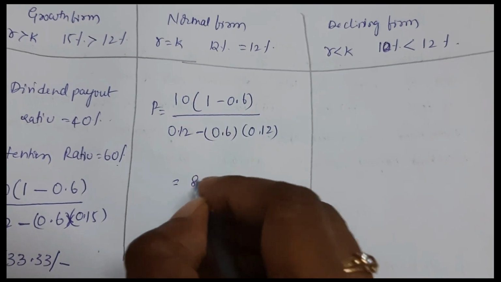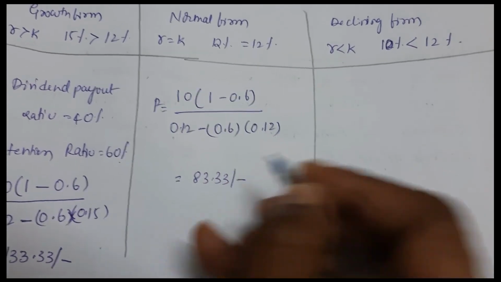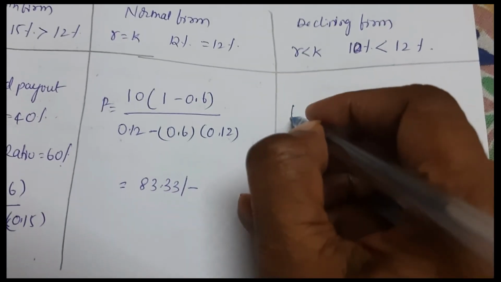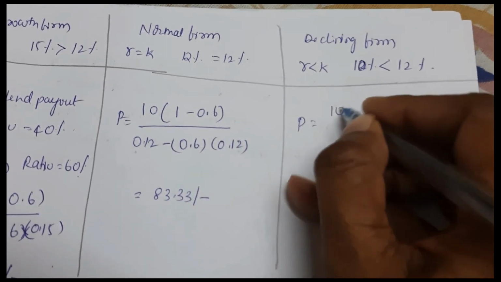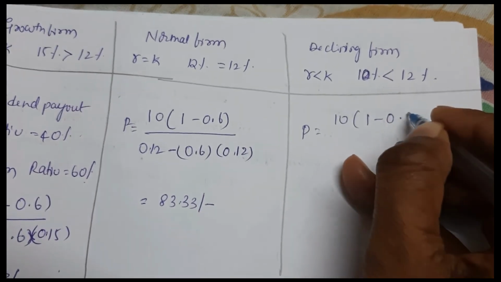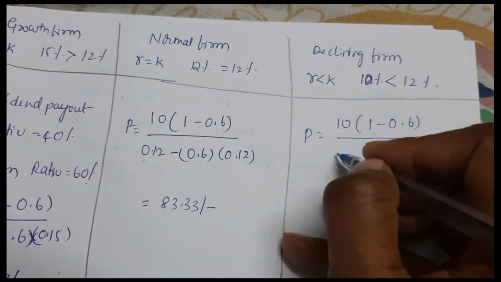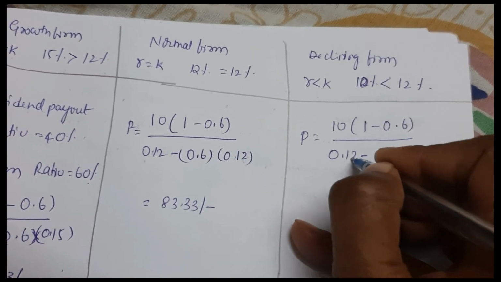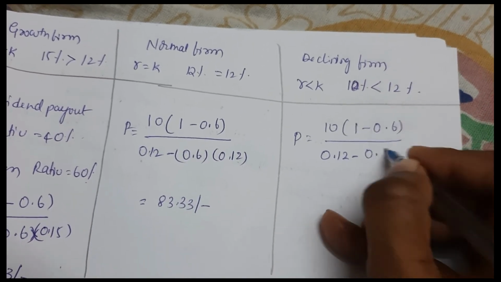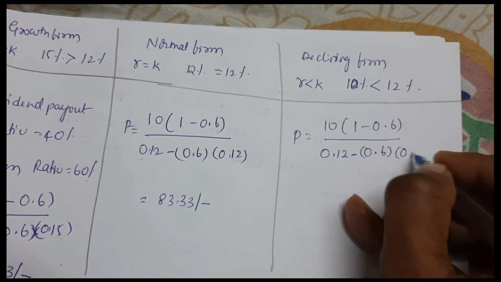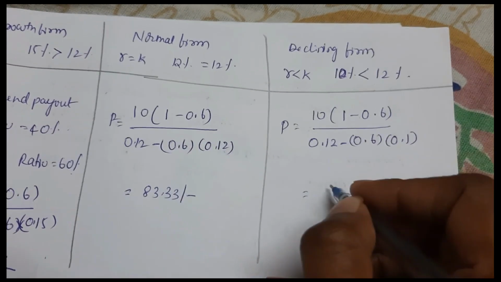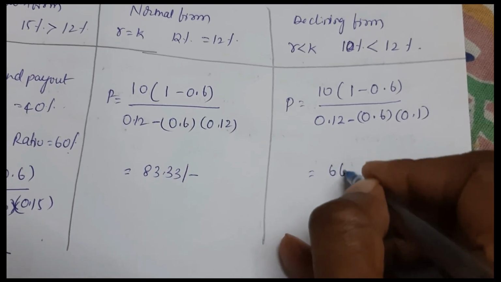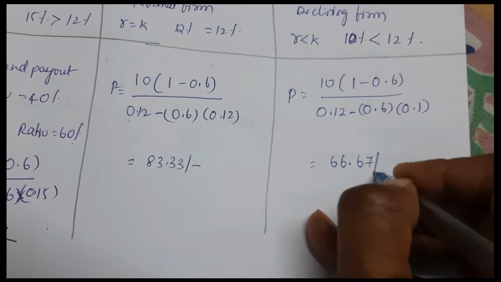So we will get 83.33 rupees. Then in case of declining form, P is equal to 10 into 1 minus 0.6 divided by 0.12 minus 0.6 into 0.1. Then we will get 66.67 rupees.